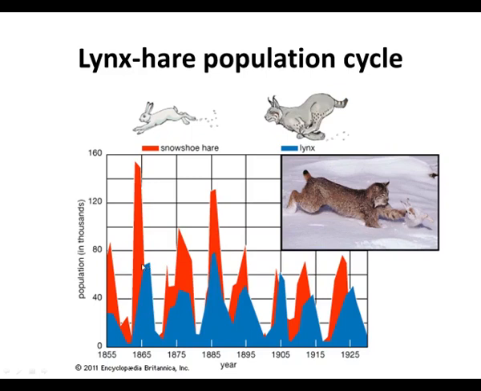But at a certain point right here, do you see that the snowshoe hare population is crashing rapidly, because now there's too many lynx preying upon snowshoe hares and they cannot sustain their population. So the snowshoe hare population just crashed. When there's no prey, then the lynx cannot survive, so they crash too.